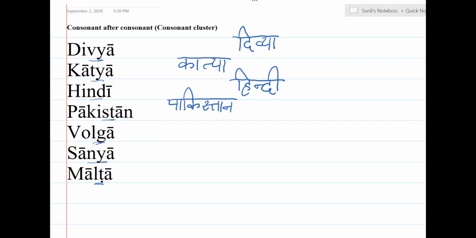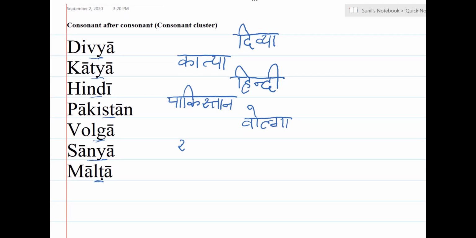Pakistan. Let's take the next one, Volga, lga combination. So va has o ki matra, like o diacritic, vo. Then you have la, because it's going to join with the next consonant ga, so you take off the vertical line and join it with next consonant ga, and then ga has long a, Volga. Let's take another word, Sanya. Sa has a ki matra, long a, sa.